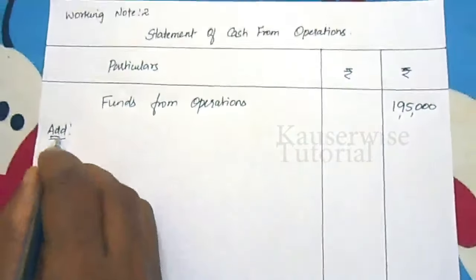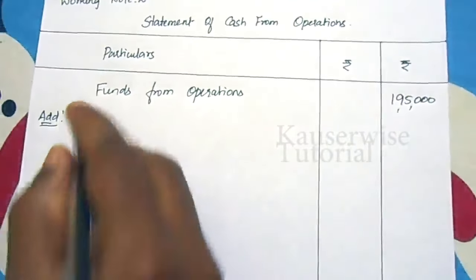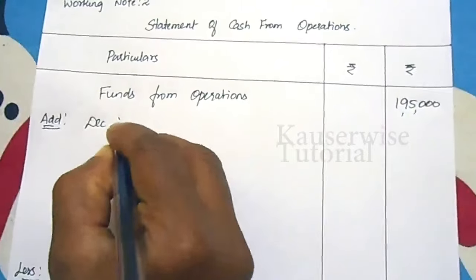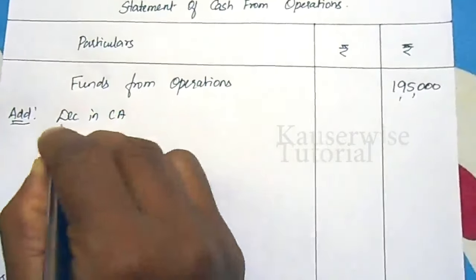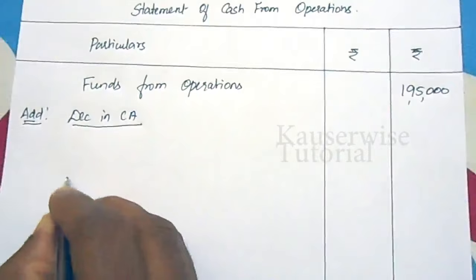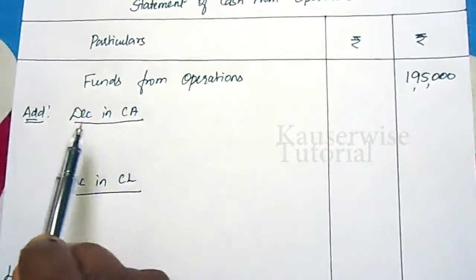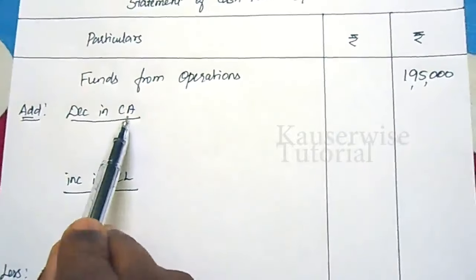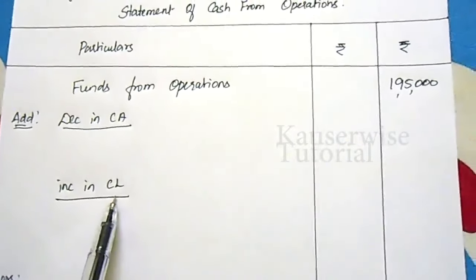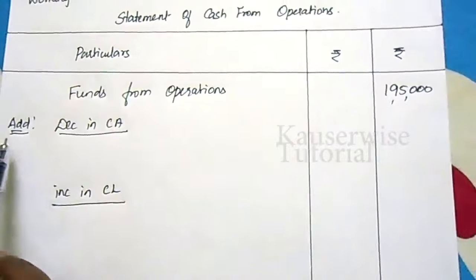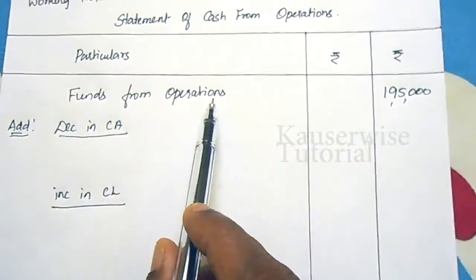So according to the format, you need to add decrease in current assets and increase in current liabilities. If there is any decrease in current assets and increase in current liabilities, those things will be added back along with the funds from operation.